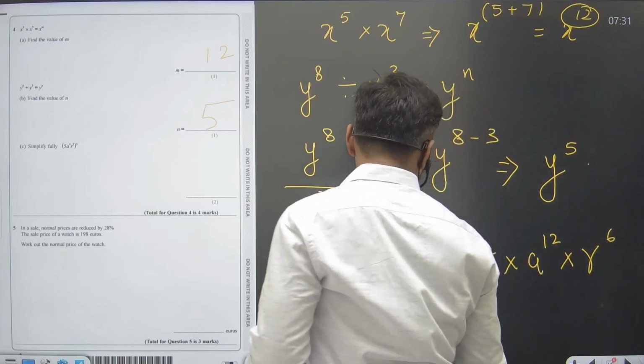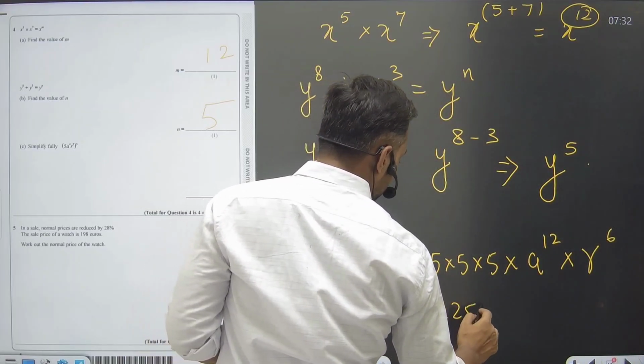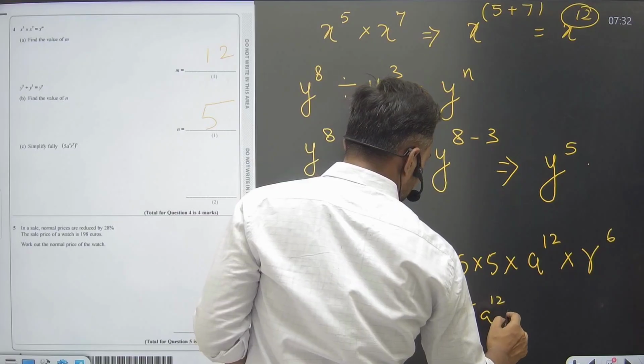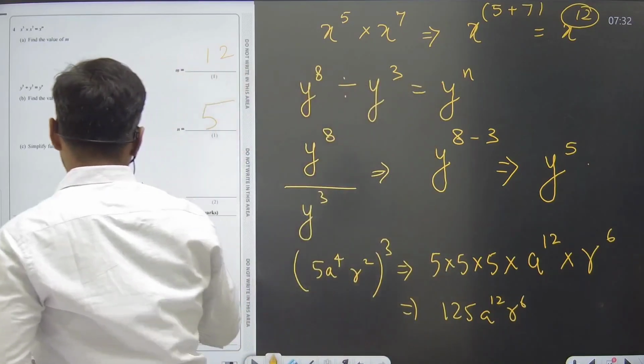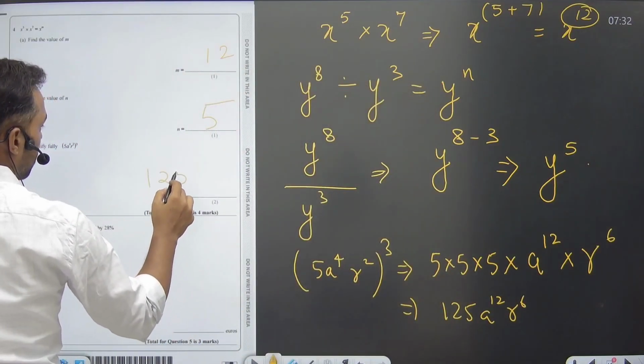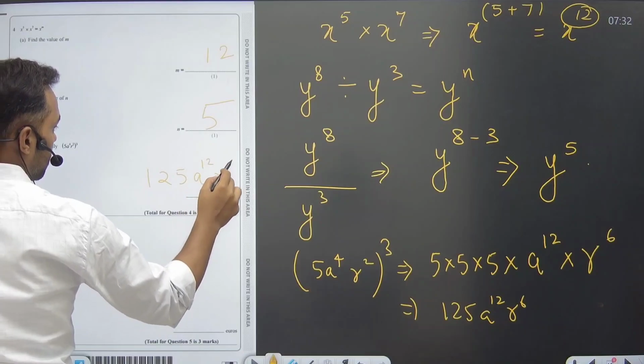So here you will get the value 125 a power 12 r power 6. So this is the value, students, 125 a power 12 r power 6.